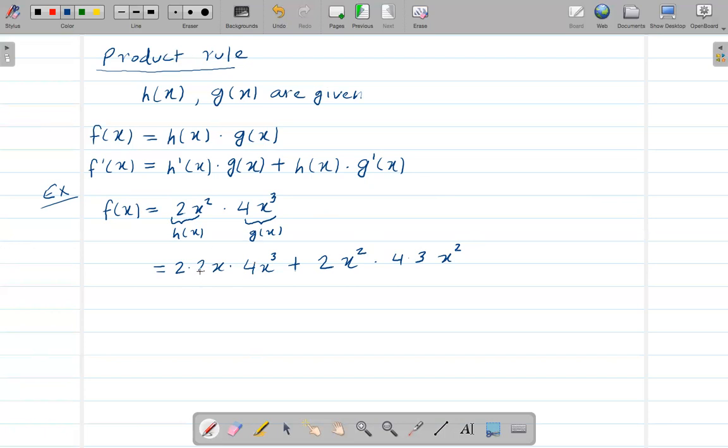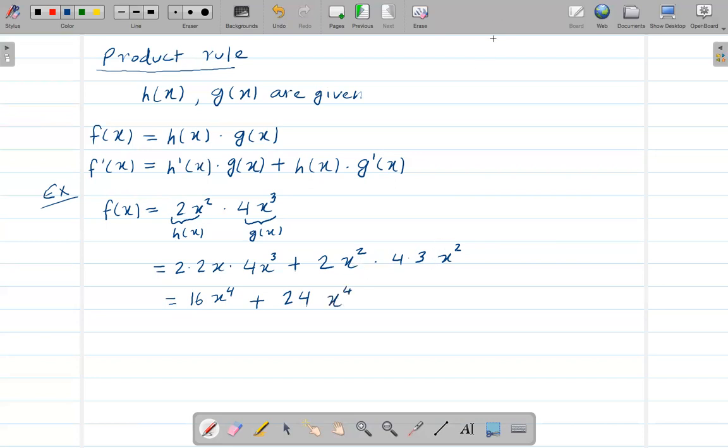So here 2 times 2 is 4, times 4 is 16. 16 x times x to the power 3 is x to the power 4, plus 4 times 2 is 8, 8 times 3 is 24. x squared times x squared is x to the power 4, right?